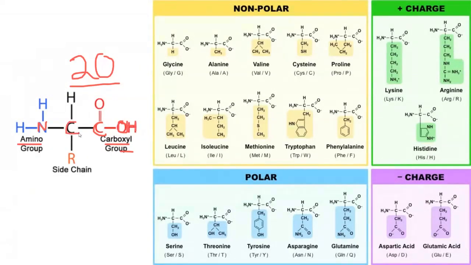And then a central carbon, which is connected to an R side chain. Now, there are 20 different side chains, which will cause the amino acid to have different characteristics, either non-polar or polar, or a positive charge or a negative charge. For instance, tryptophan has this shaped R side chain and is non-polar.